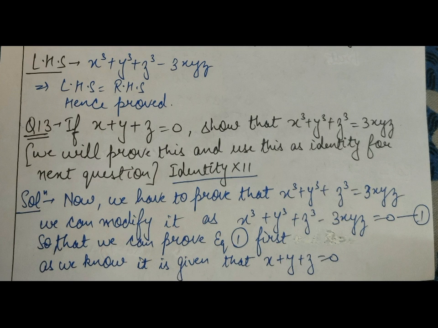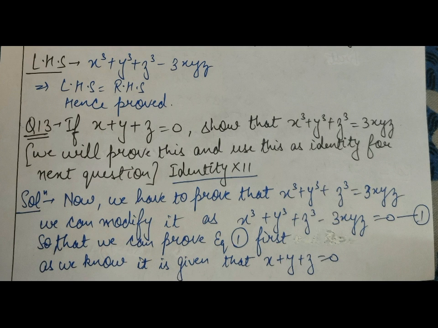So here in this question it is given to us that x plus y plus z is equal to 0, and we have to prove that x cube plus y cube plus z cube is equal to 3xyz.